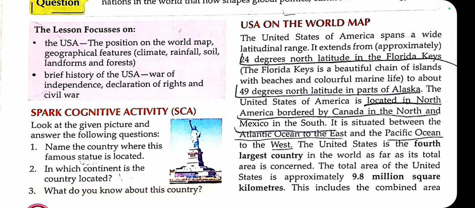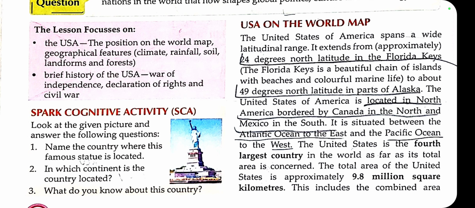The United States of America is located in North America, bordered by Canada in the north and Mexico in the south. It is situated between the Atlantic Ocean to the east, and the Pacific Ocean to the west.